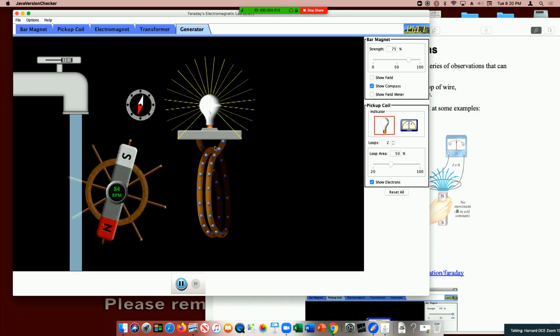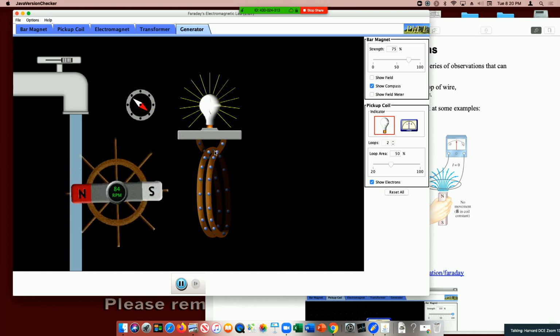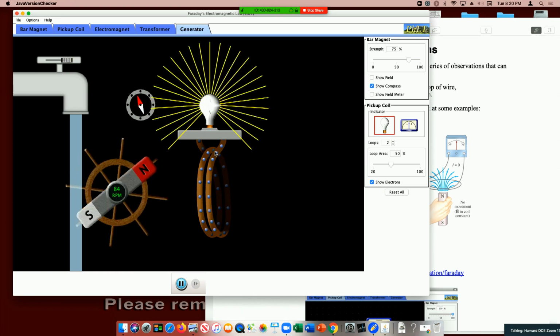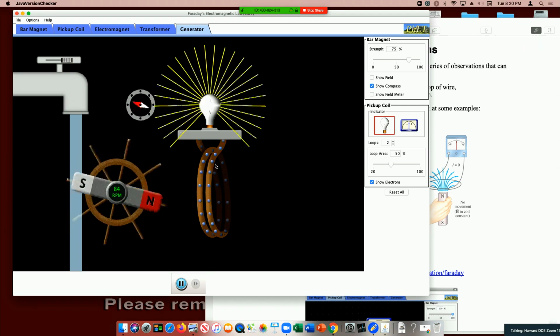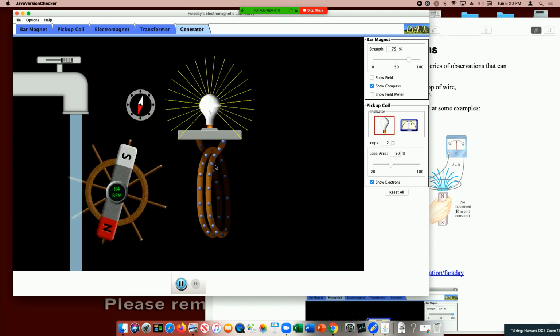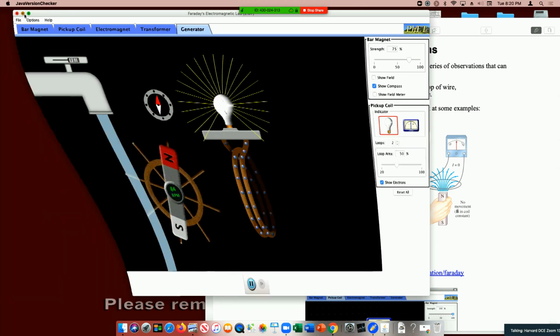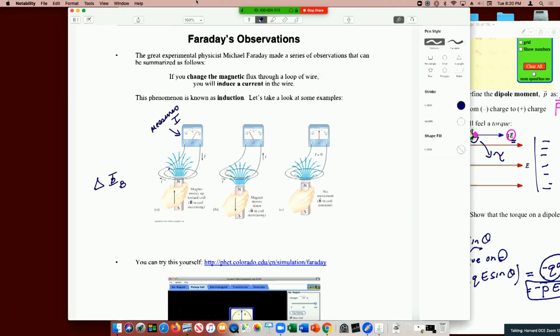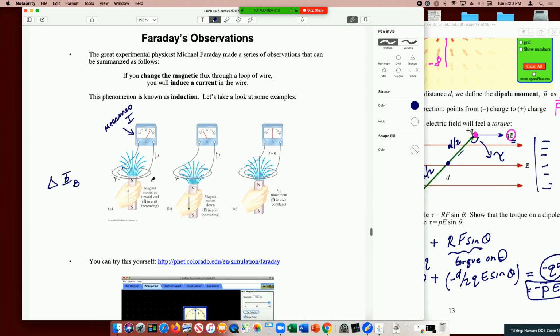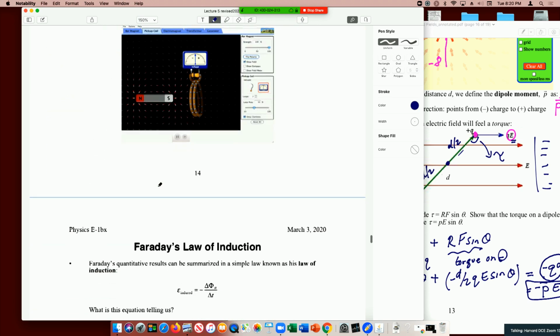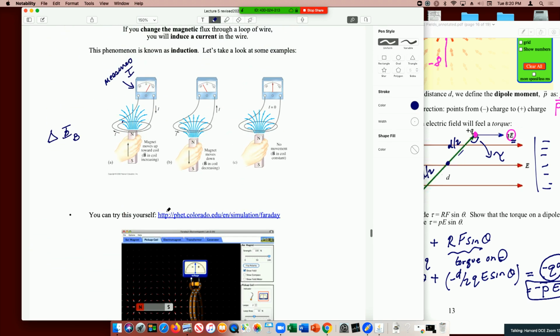You can generate electricity. This is how hydroelectric dams work, by having water turning some magnet and then a coil of wire nearby. I encourage you to try that out on your own later. But let's show you the demonstration, and then we'll talk about some of the math behind it.